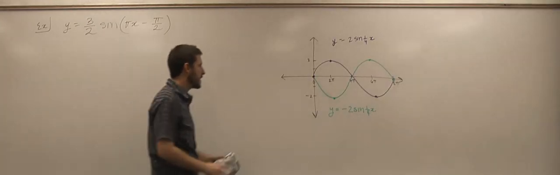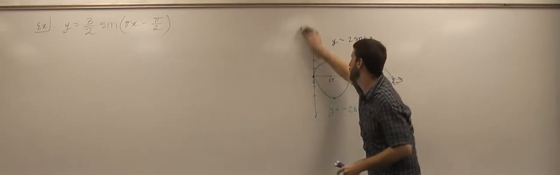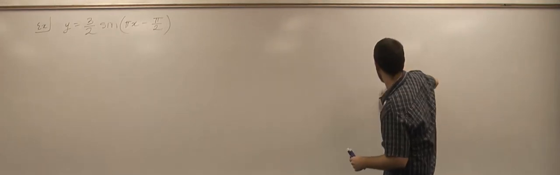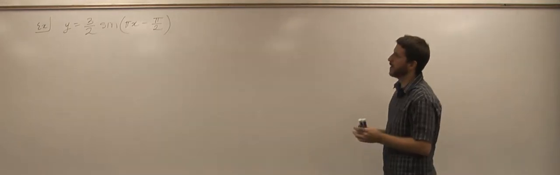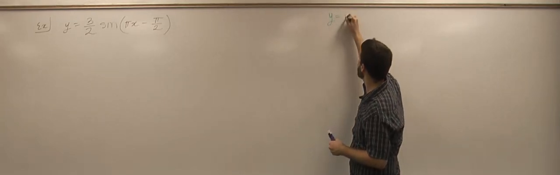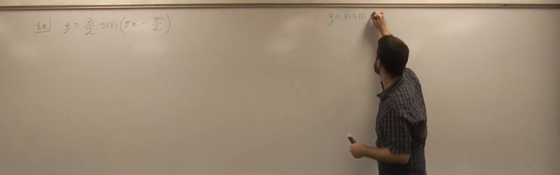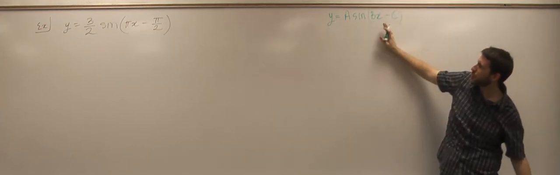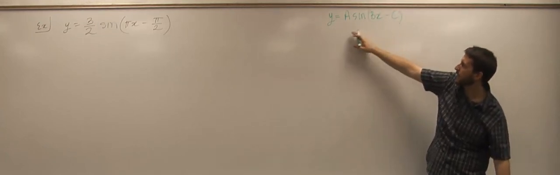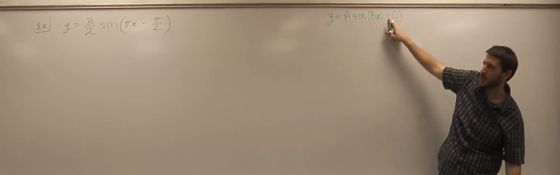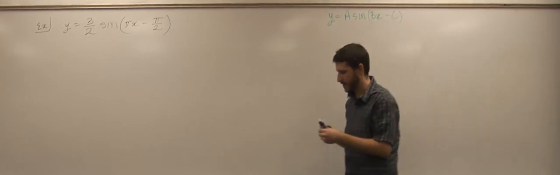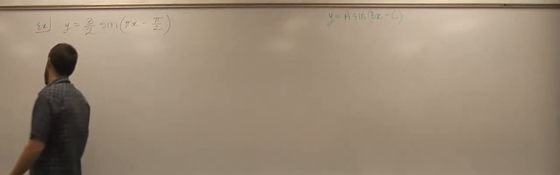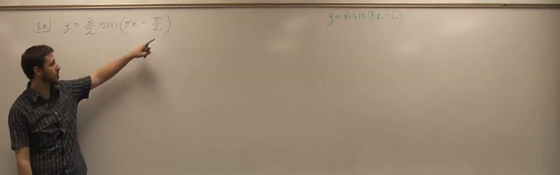Now, when you're labeling A, B, and C, you want to refer to the generic format of y equals A sine bx minus C. In this generic format, when I defined everything, I had a minus inside. It's not going to trick you up if you're paying attention, but if you're not paying attention, that might mess you up.